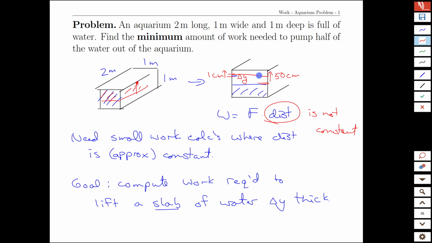Well, because if we imagine all the water in a slab like this, then it is all being lifted by the same amount. That's going to make the distance lifted constant on each slab. And let's emphasize that that is the lift distance because that's where we're moving in this particular scenario.